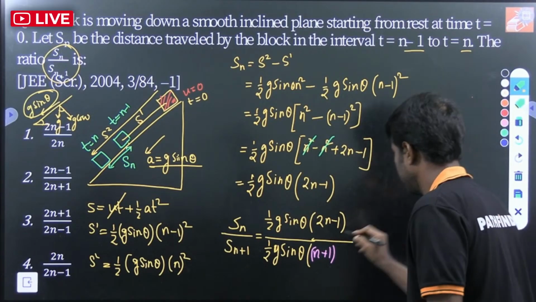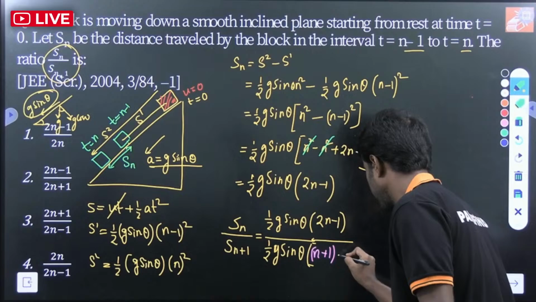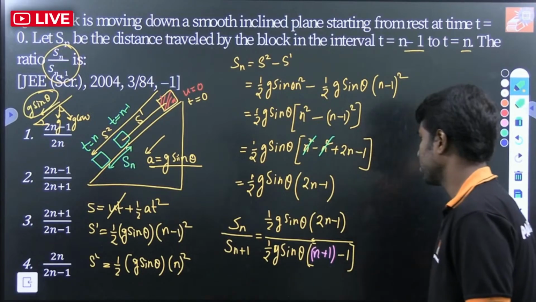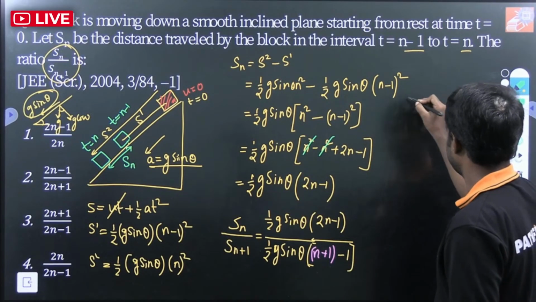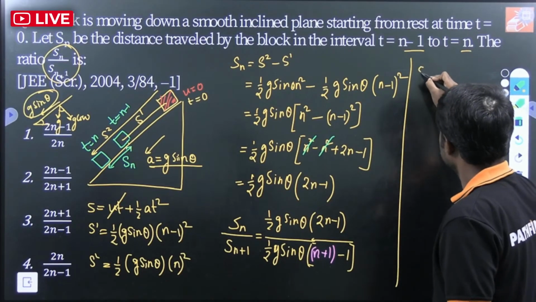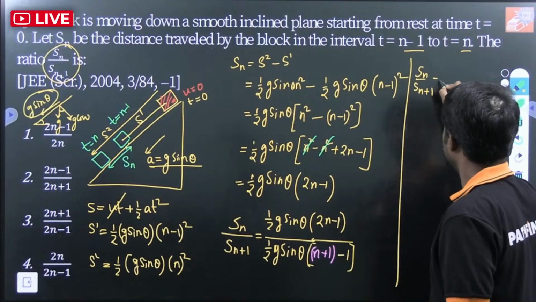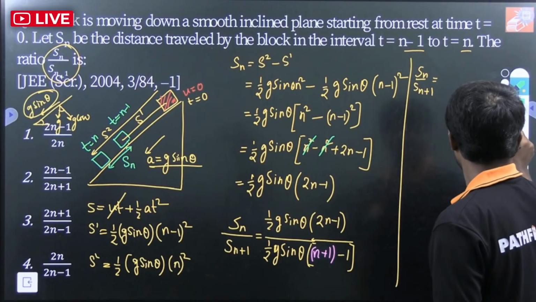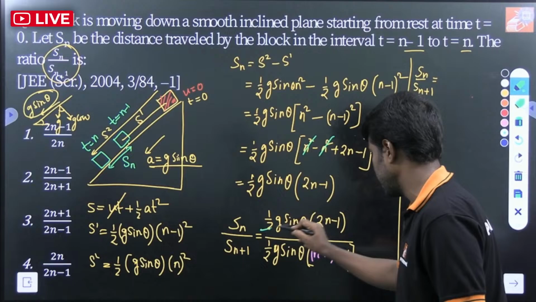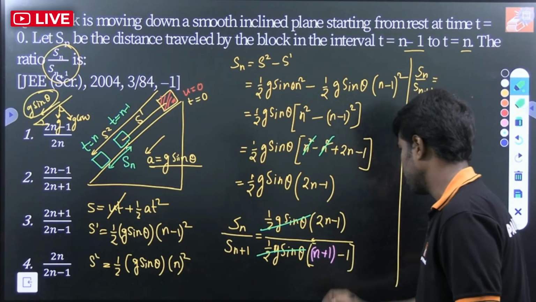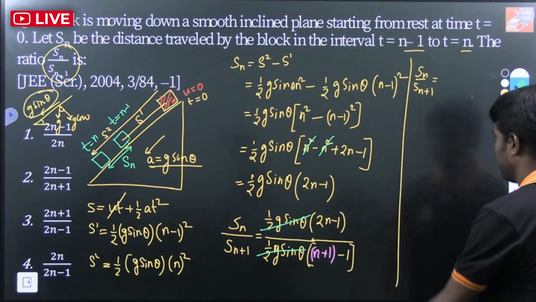So now we get Sn by Sn plus 1, see, this part gets cancelled, 1 by 2 g sin theta over 1 by 2 g sin theta.